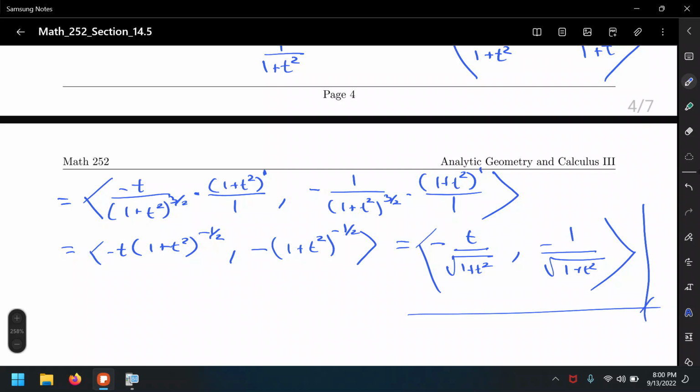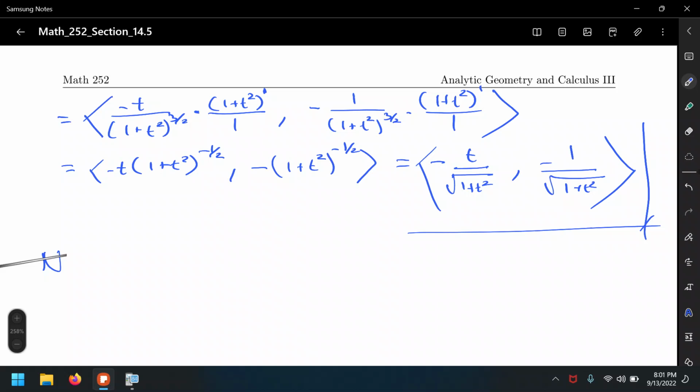And that's the vector valued function that for every value of t, you will get a normal unit vector. And that's actually the second part of the problem. We're almost there. It's just a plug in the value.